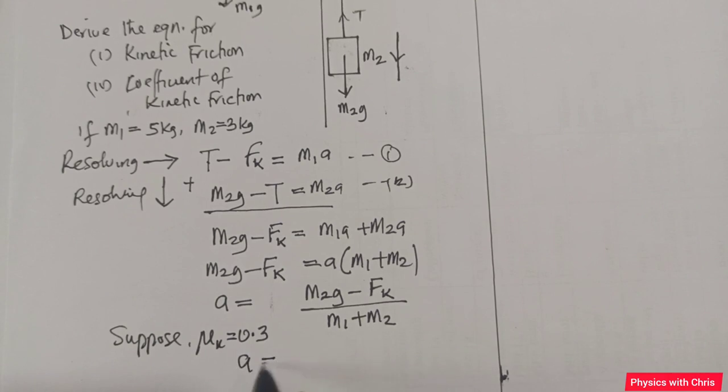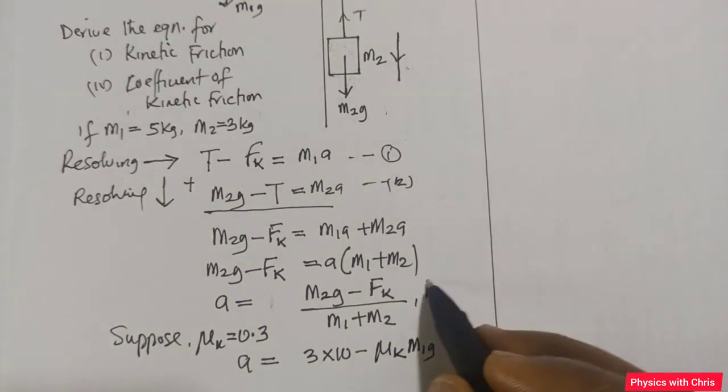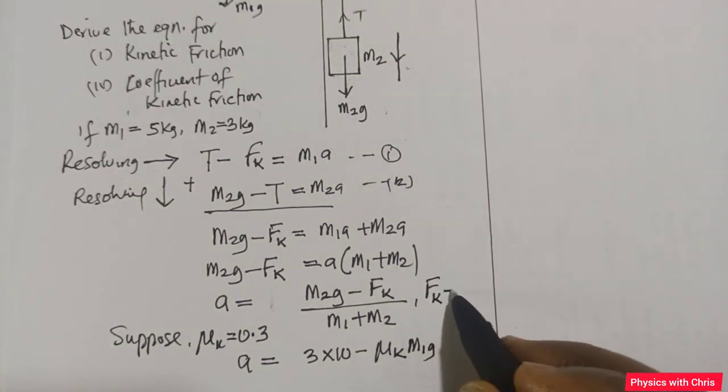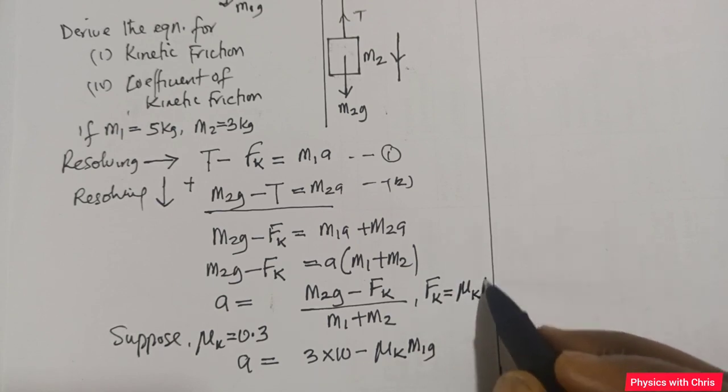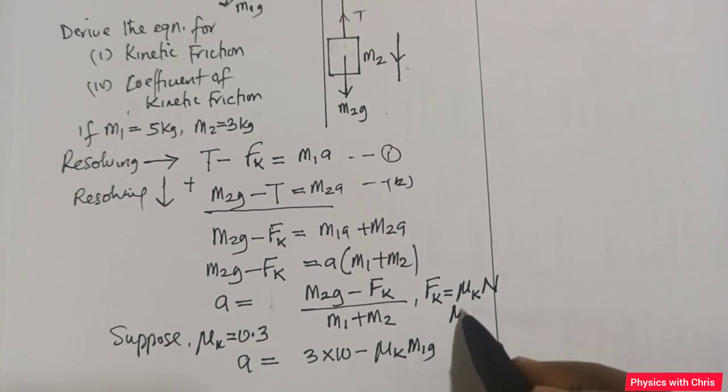So their common acceleration: M2 is 3, so M2g is 3 times 10, minus Fk, which is mu k times the normal reaction. The kinetic frictional force is the coefficient of kinetic friction multiplied by the normal force.